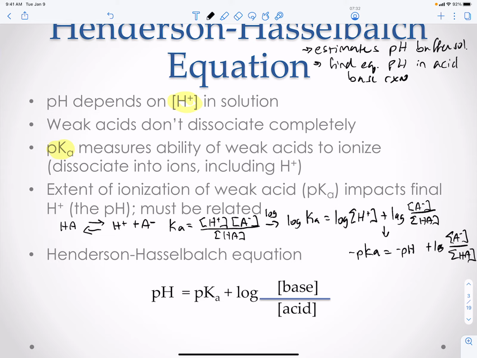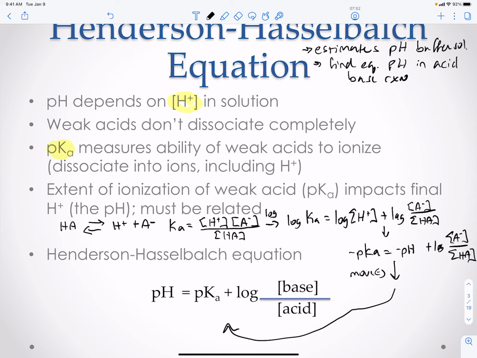And then you're going to move around negatives, just simple math, and this gives you the Henderson-Hasselbalch equation.